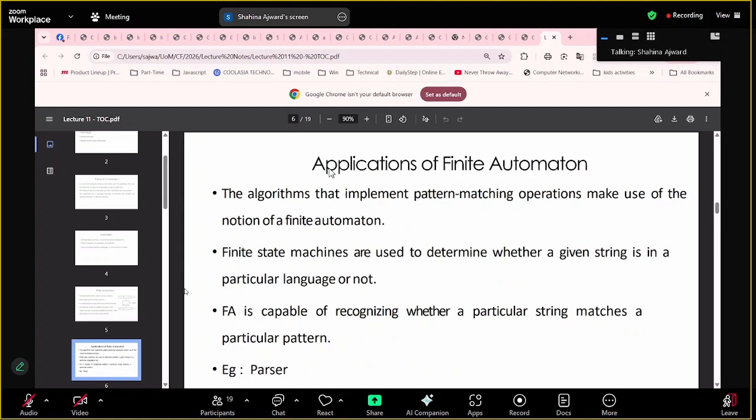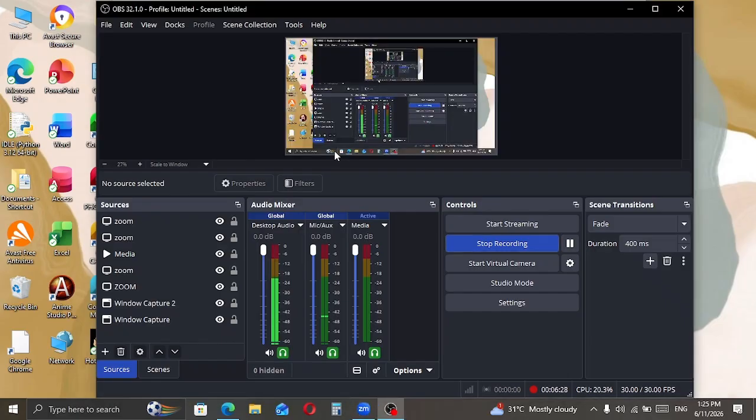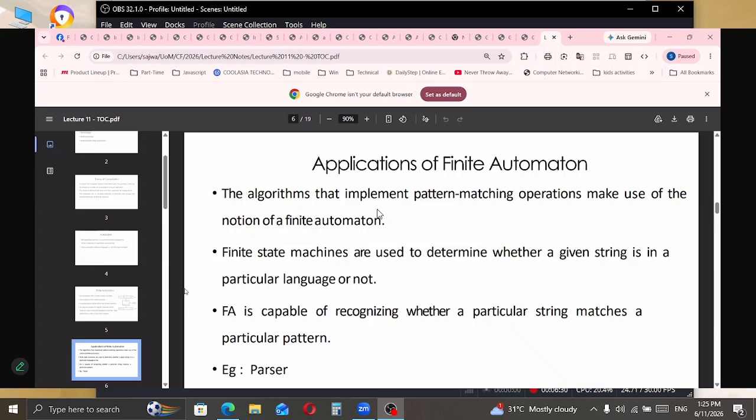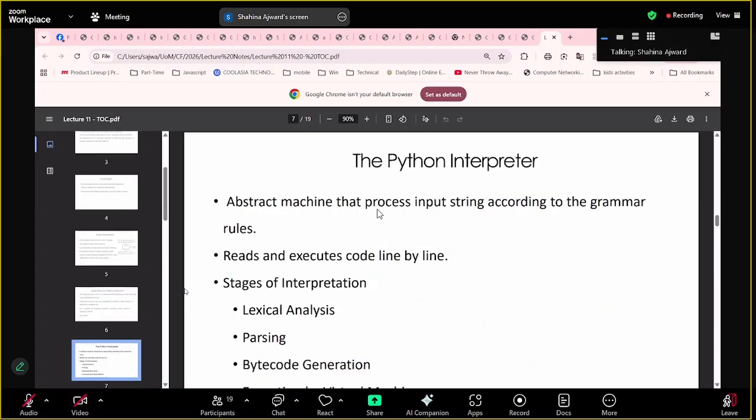Then we discussed some applications of finite automata. Without knowing it, we all use the applications of this kind of automata. When you do a search, and also when you compile or interpret the programs that you write, these kinds of machines are being used.